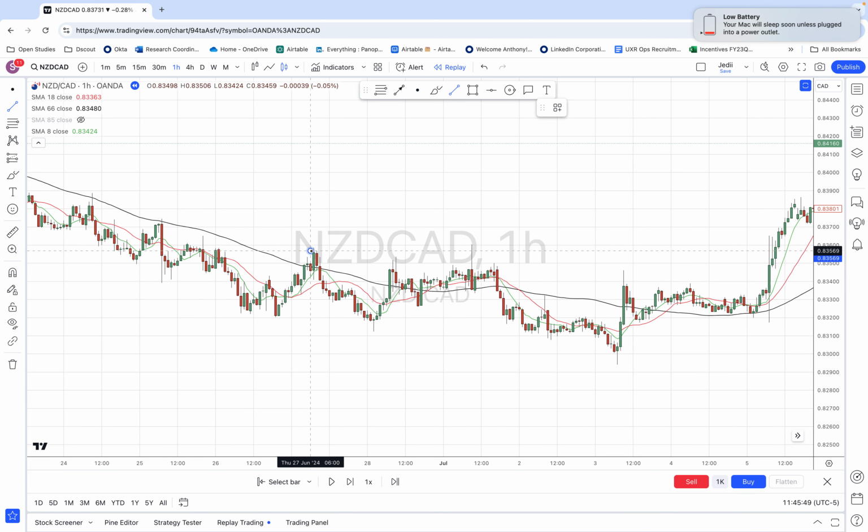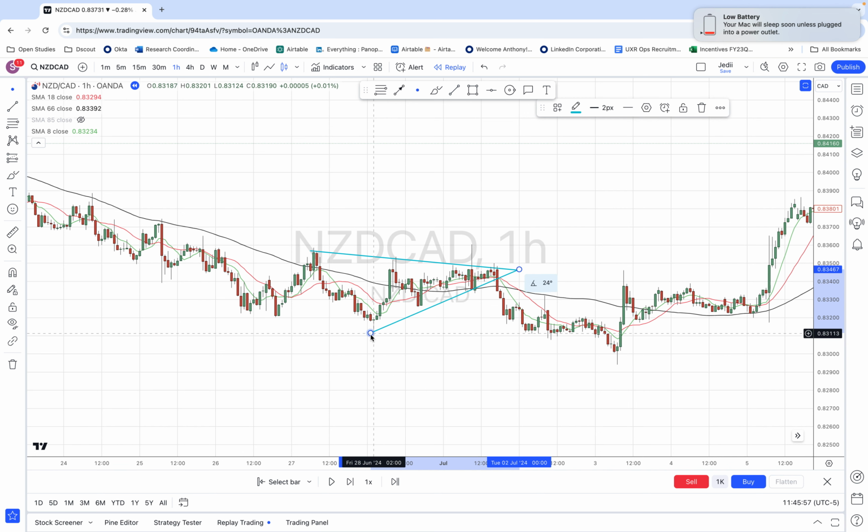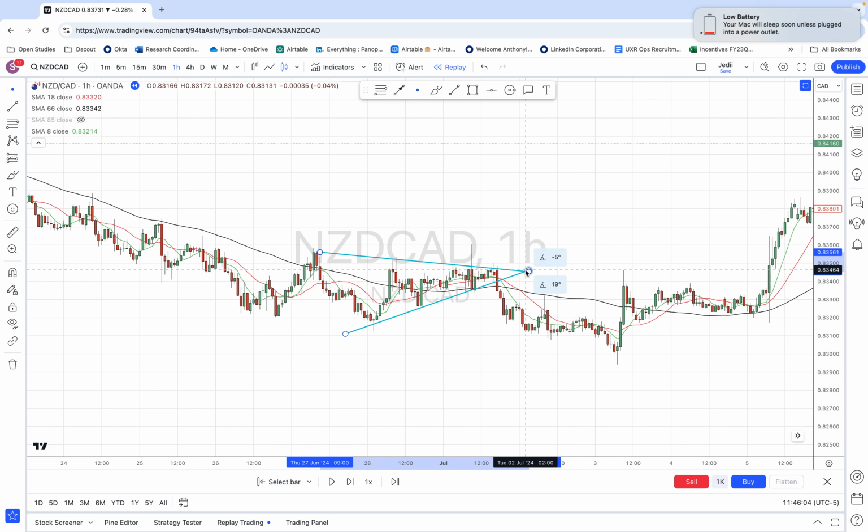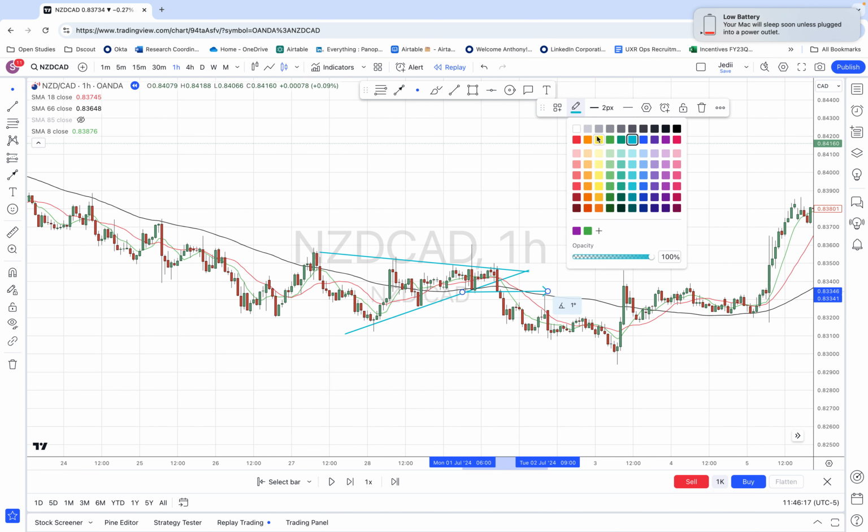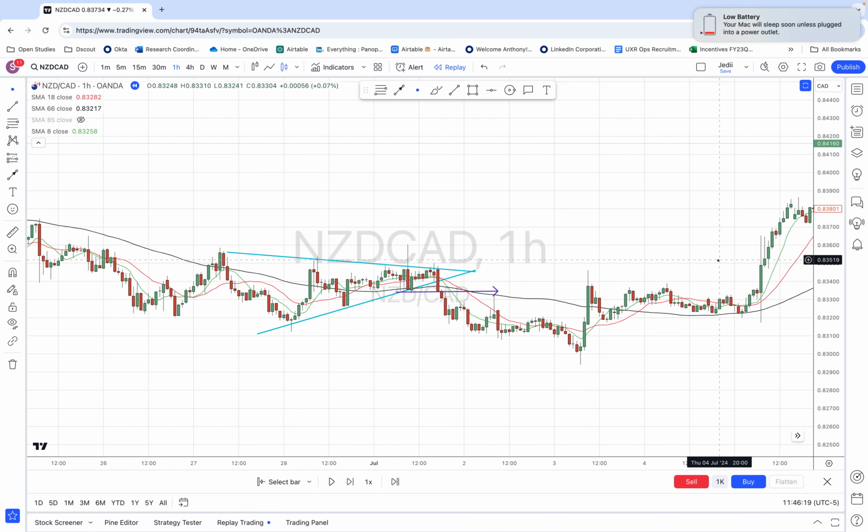Kind of right here, so you have like this right here, and then on the bottom you have like this right here. So something like that. Okay, symmetrical triangle. It's getting lower at the top, it's getting higher at the bottom. Boom. Then finally the market broke out. Okay, we're going bearish. Broke out of this support level. Boom.